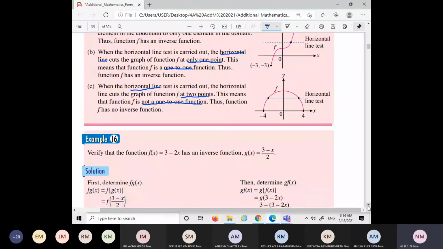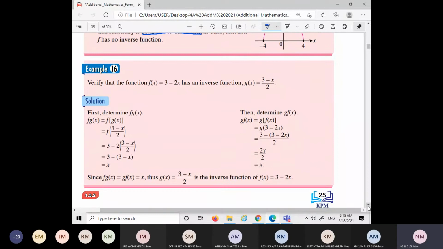Now we go to example 16. This example is very important. I want you to pay attention to this word, verified. What is the meaning of this verified? When you see verified, how do you do this type of question? Verify that the function f(x) equals 3 minus 2x has an inverse function, g(x) equals 3 minus x over 2.